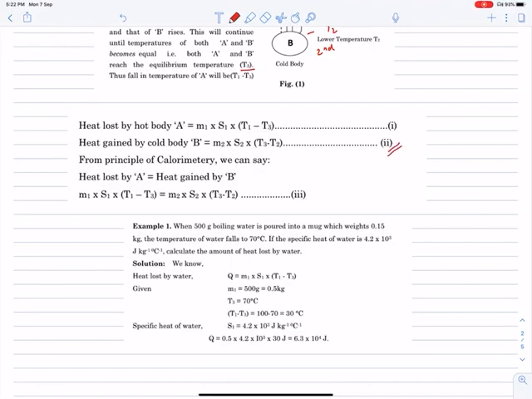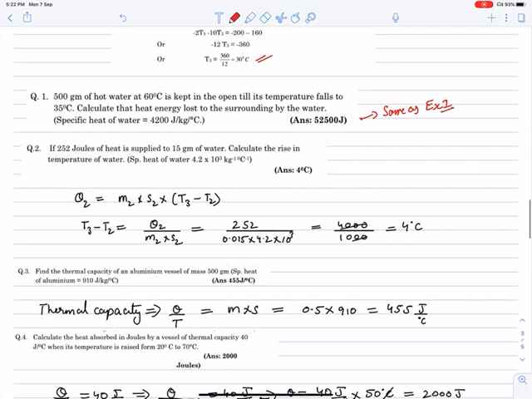So put this in, and you have to calculate the rise in temperature. Obviously the temperature should be in degrees Celsius. So T3 minus T2 is equal to Q2 upon M2 into S2.